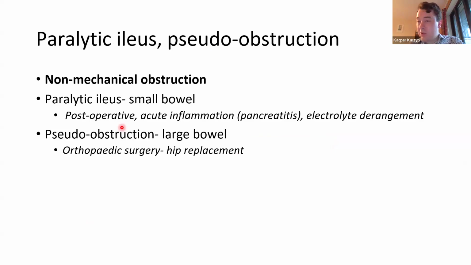Now, we've talked about the bad stuff, but we also need to talk about common stuff, and we need to talk about paralytic ileus, aka the pseudo-obstruction. This is a non-mechanical obstruction.